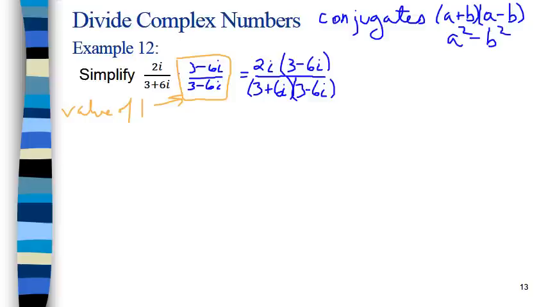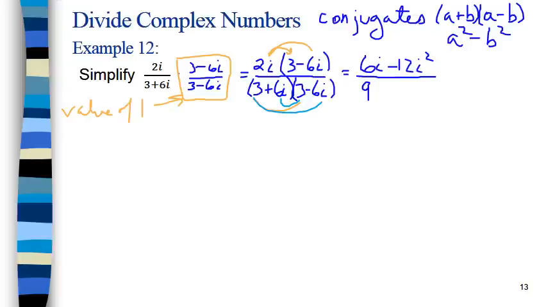And to distribute this, I end up with 2i times 3 equals 6i, and 2i times negative 6i is negative 12i squared, over 3 times 3 is 9. And then we look at 3 times negative 6i is negative 18i, plus 18i is going to be 0.